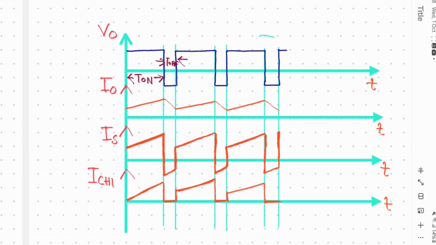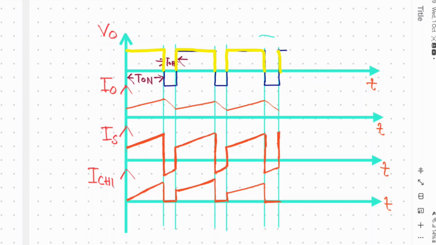So this is the output voltage, output current, then the supply current, and current across the switch. This is the output voltage, and this part is achieved because of switch 1 and switch 2 on. When switch 1 and switch 2 are on, we achieve this positive voltage.